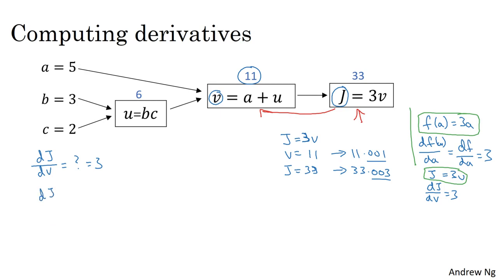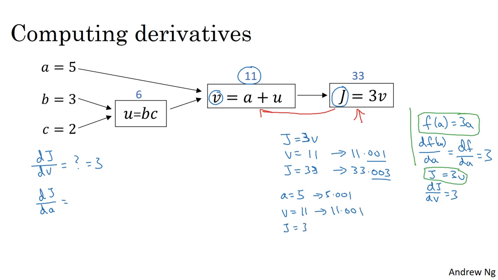What is dj dA? In other words, if we bump up the value of a, how does that affect the value of j? Well, let's go through the example. Right now a is equal to 5. So let's bump it up to 5.001. The net impact of that is that v, which was a plus u, so that was previously 11, would get increased to 11.001.